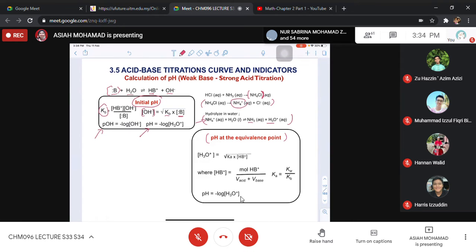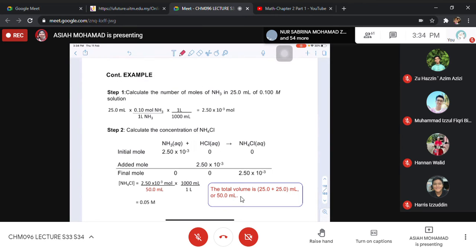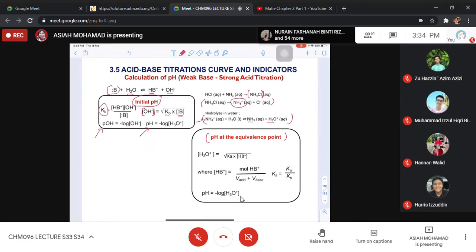When you construct the ICE table for this reaction, in order for you to calculate the pH, you need the concentration of hydronium ion. How to get this? It is equal to square root of C times Ka.